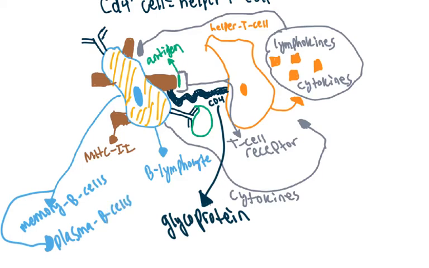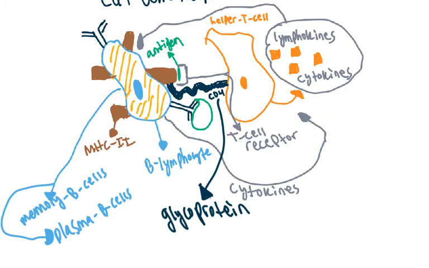And then in the part 2 version, I believe, we said that not only does a helper T cell help the B lymphocyte proliferate into memory B cells and plasma B cells, but our B lymphocytes can also release some cytokines.